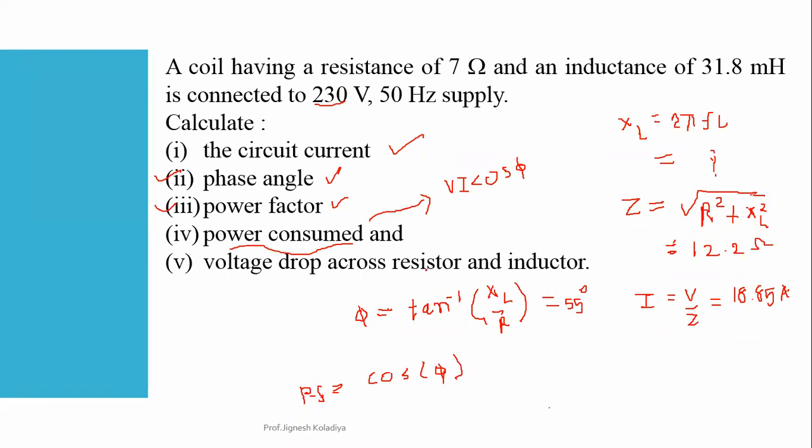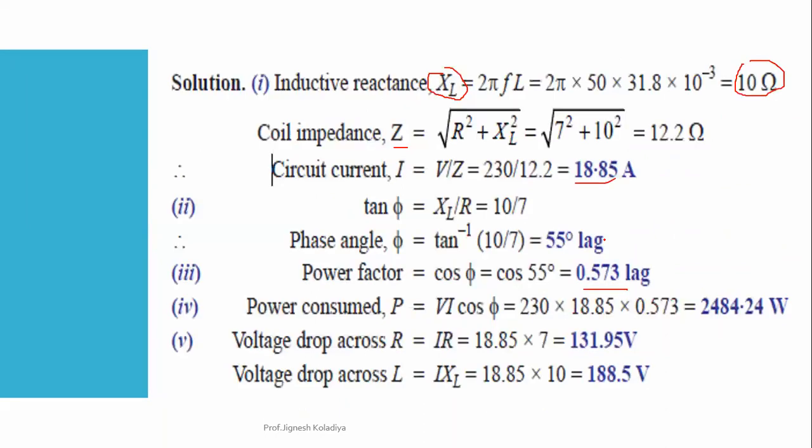The voltage drop across the resistor is I into R and across the inductor is I into XL. So all things are very simple. This is the numerical. I think it's very easy. Just remember the equations and you will get the answer.